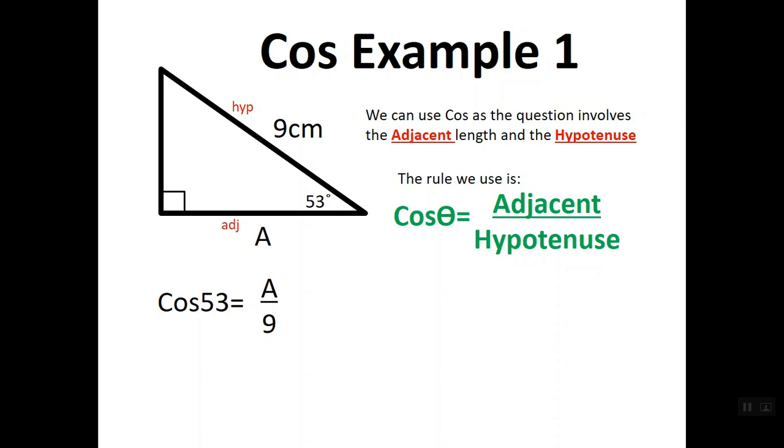Next step now, guys, is to solve for my unknown, which is A. I multiply both sides of the equation by 9, and I should get 9 times cos 53 degrees equals A. And my final step now is to input that in my calculator. When I do that, I get 5.42 centimeters correct to 2 decimal places. And that's my adjacent side that I was trying to find.